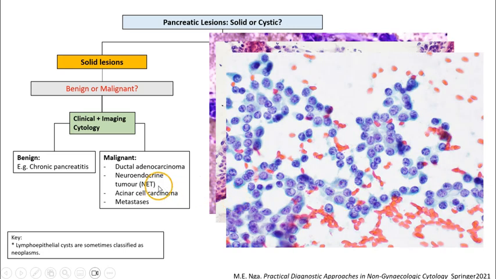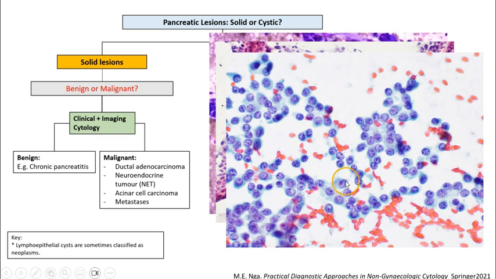This is an example of neuroendocrine tumor, and in contrast to ductal adenocarcinoma, the cells are usually strikingly uniform. They also do not form very crowded cohesive sheets, but rather they loosely aggregate together or they are found singly. And we can see here that there is a suggestion of rosette formation.